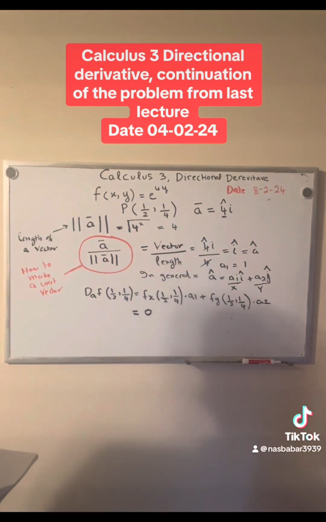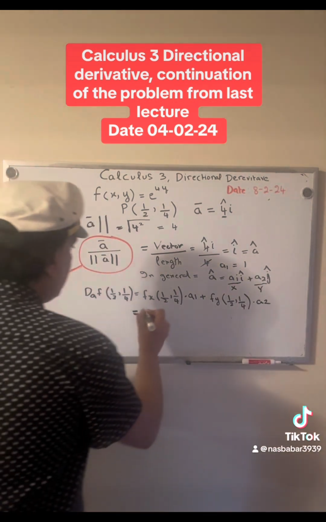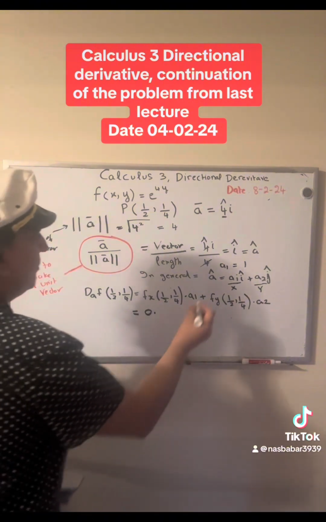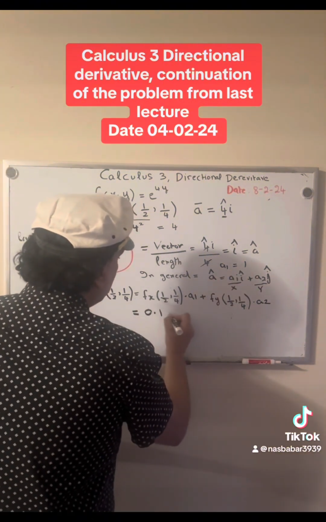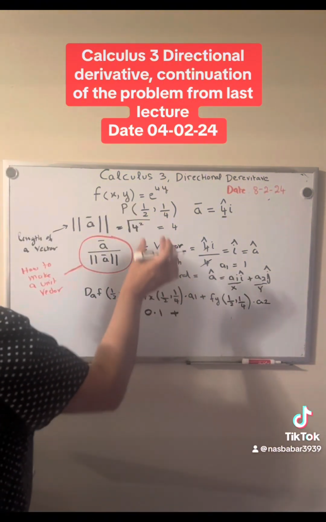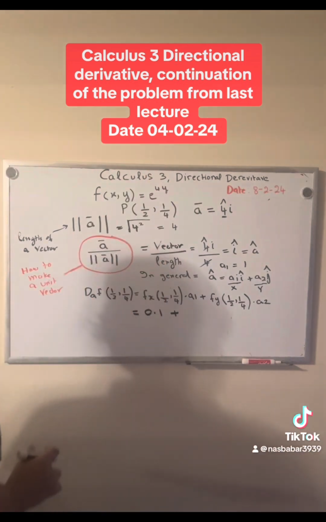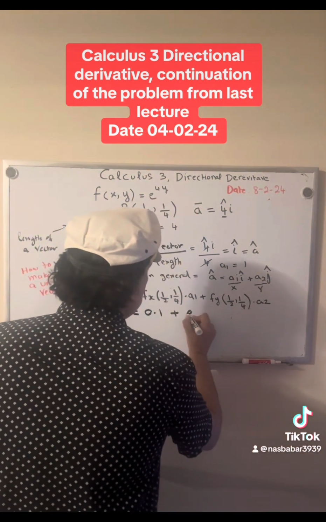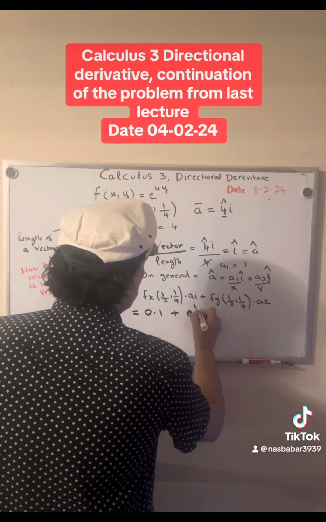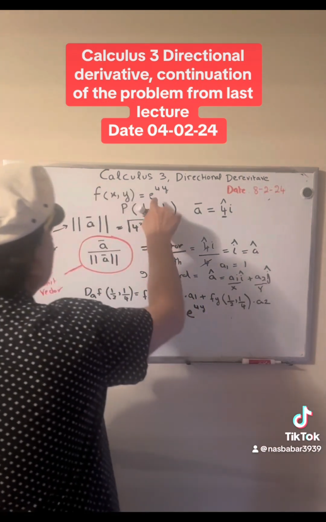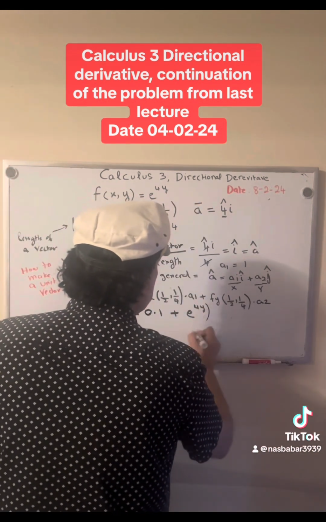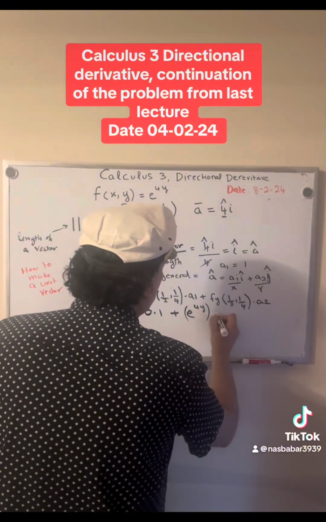And then you multiply that by the weight, which is 1 right here, plus you take the derivative with respect to y. So with respect to y, when you do e^(4y), write it just like this, multiply this by 4.